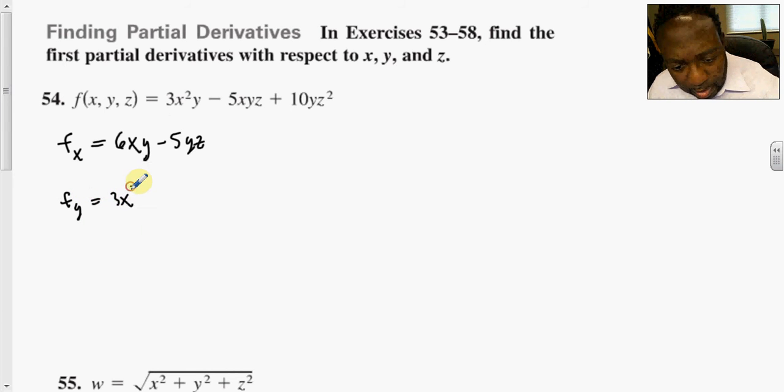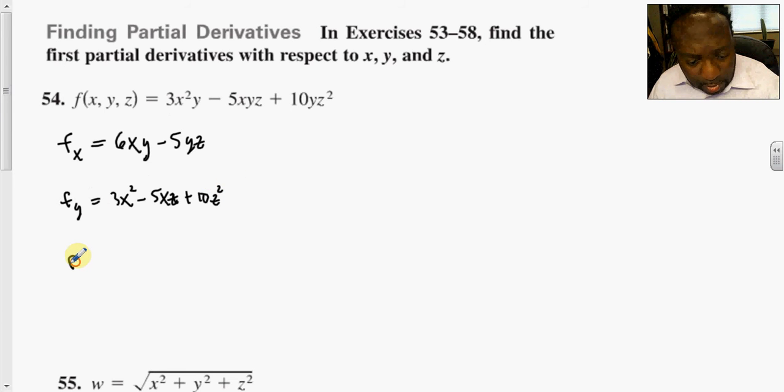This is 3x squared minus 5xz plus 10z squared. Then find the partial of f with respect to z. This is negative 5xy plus 20yz.